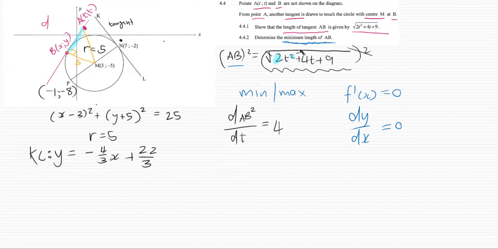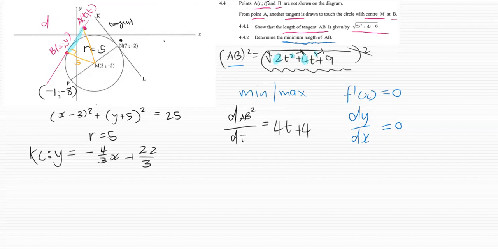It'll be 4t, and then we want the same thing here. So this is t to the power of 1, so 1 times 4. 1 times 4 is 4, plus 4. And t to the power of 1 minus 1 is 0. So t to the power of 0 is just 1. So it's 4t plus 4.